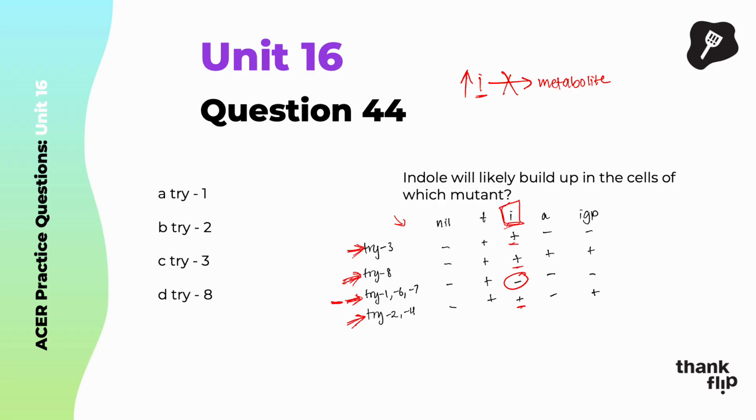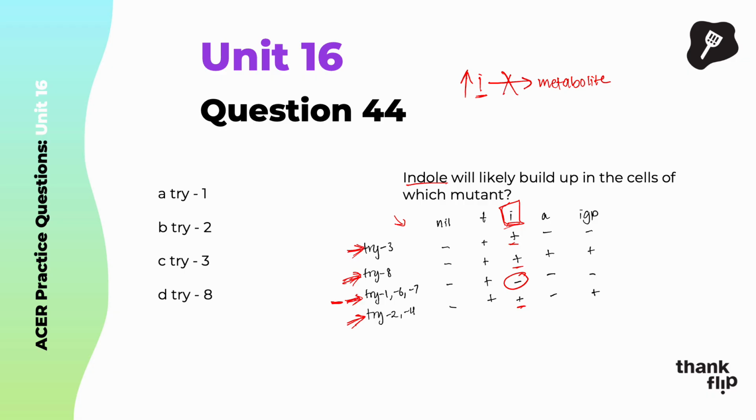It would be handy for you to have some prereq knowledge on enzymes and metabolic pathways, because that gives you an idea of this kind of experiment. But you can also use the process of elimination and your pattern recognition skills. The question is asking about this chemical here.